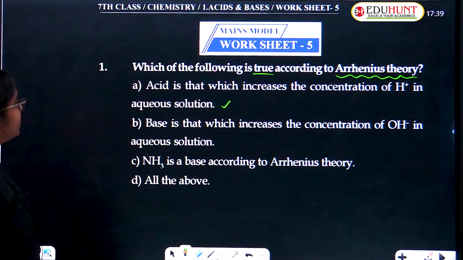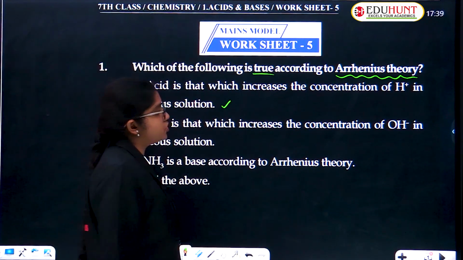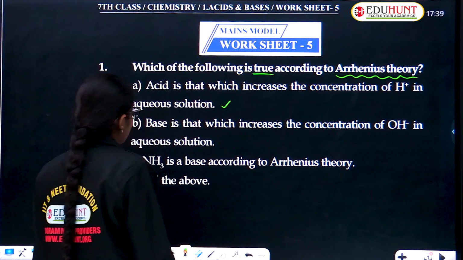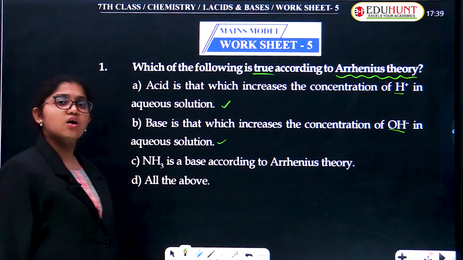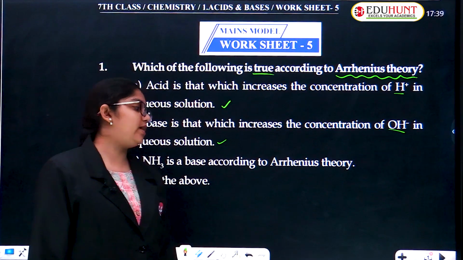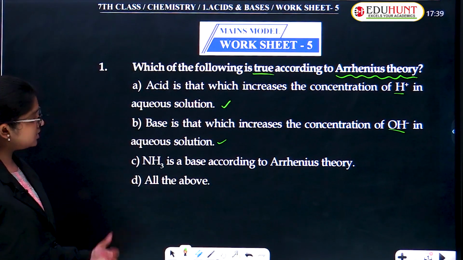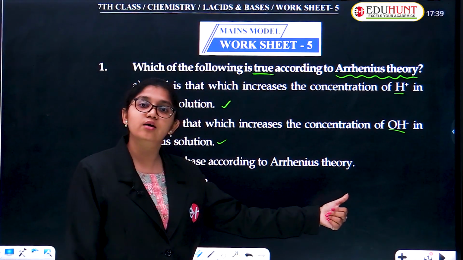Now, B. Base is that which increases the concentration of OH minus ions in aqueous solution. That is also right, because bases increase OH minus ions, like acids increase H plus ions, right? Yes, true. Now, NH3 is a base according to Arrhenius theory. Right or wrong?